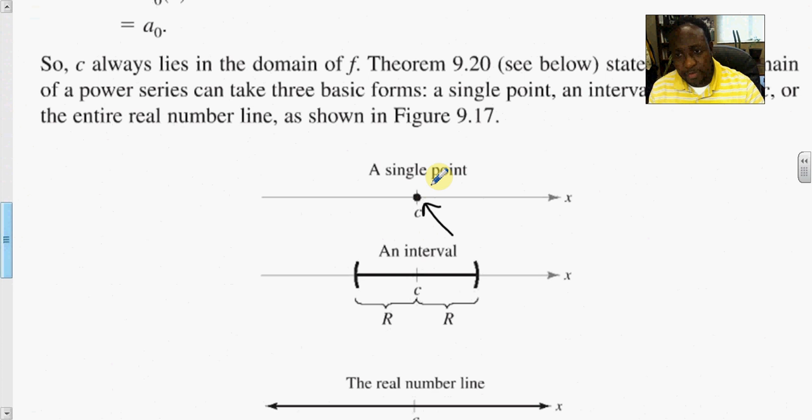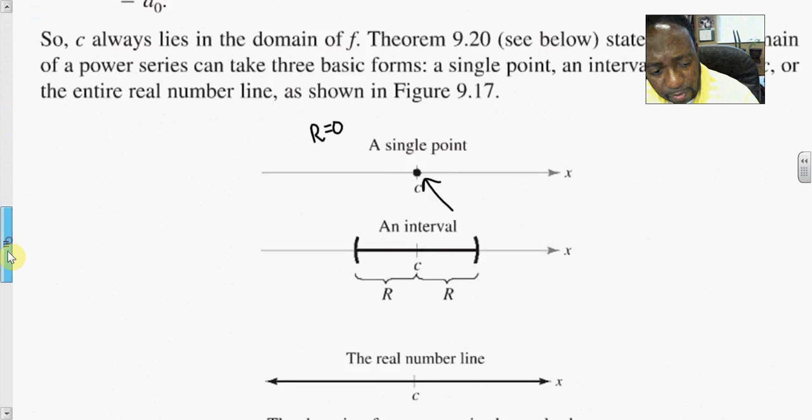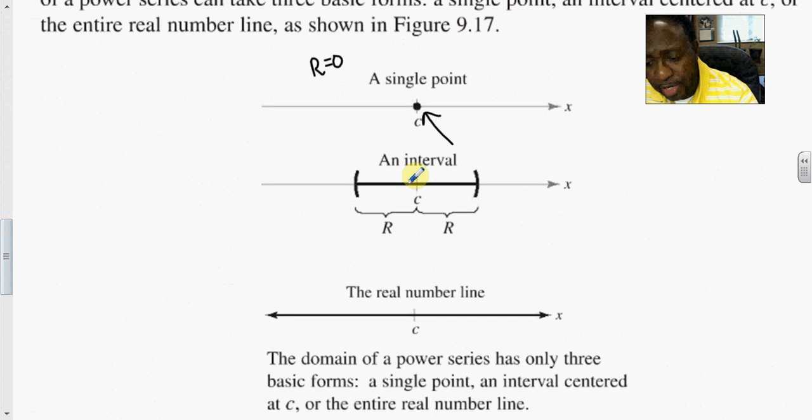The radius can be examined in three terms. Here, the radius may be a single point, the radius may be an interval, and then the radius just may be the entire number line. So here, if the radius is a single point, we say that r is equal to 0. The radius is equal to 0. If the radius is on an interval, then we have something like x minus the center.